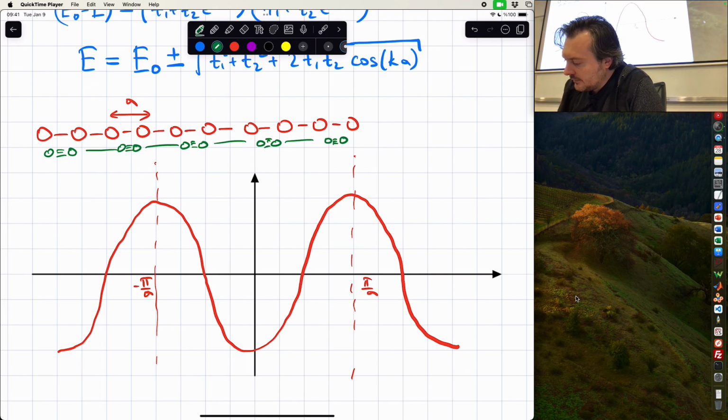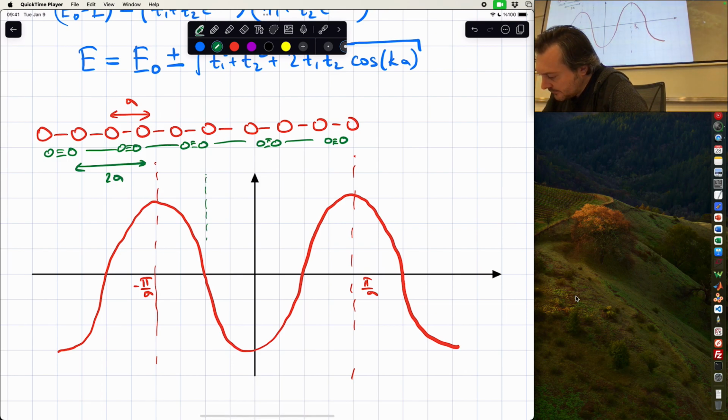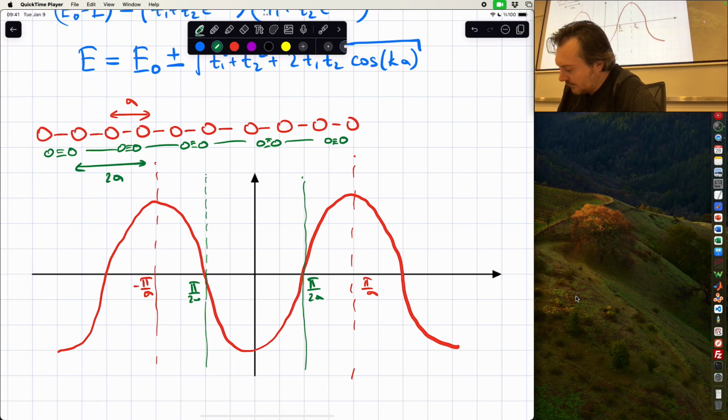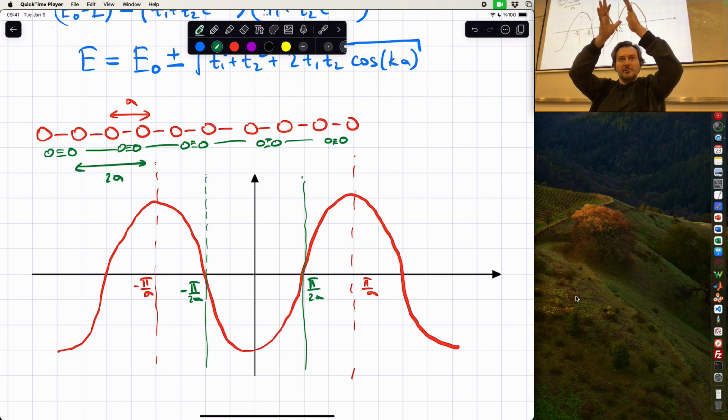Notice that the unit cell has now grown to 2A. Now you have something like this. So the first Brillouin zone of the diatomic chain is twice smaller. That's what you expect from reciprocal space. When you increase in real space, it shrinks in reciprocal space, right?